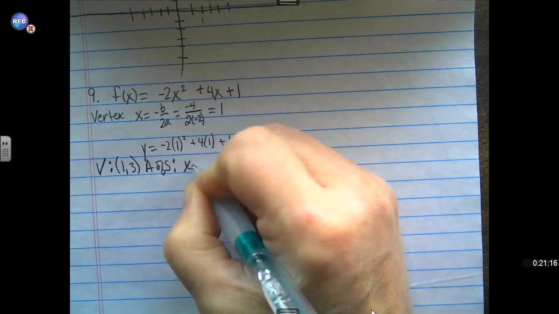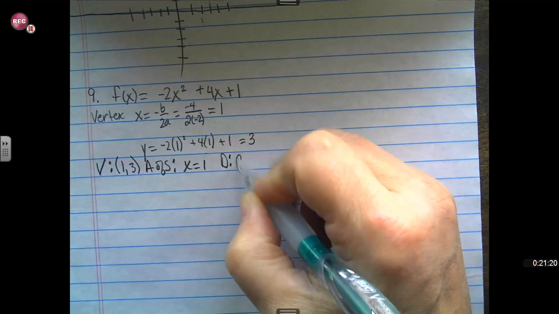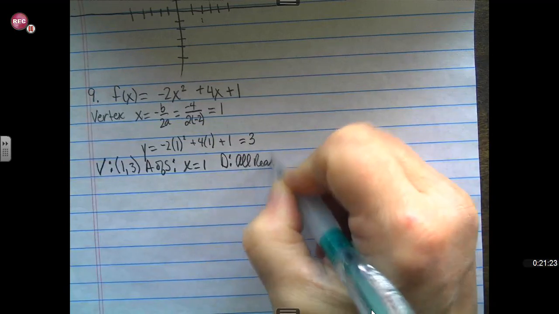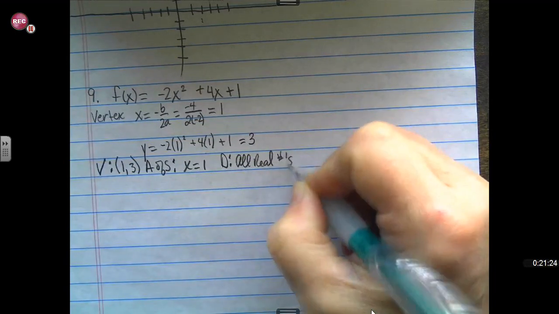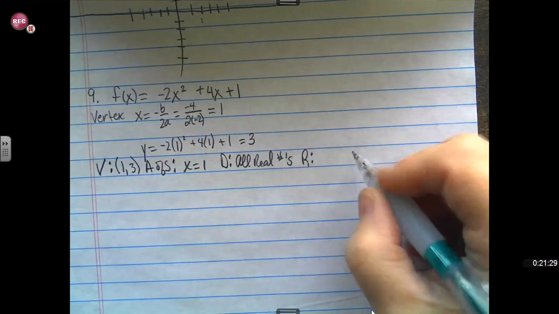The axis of symmetry is x equals 1. The domain be all real numbers. The range, we'll look at the graph once we get there.